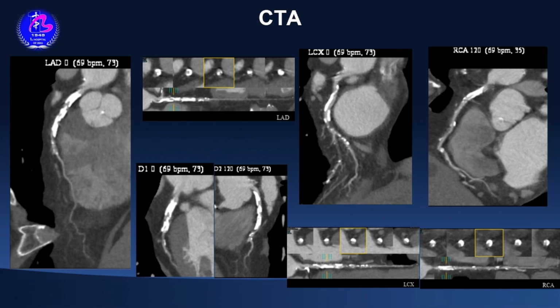Next, please, Professor Wang Dingyu will introduce this part. Here is the intelligent visualization of the coronary 3D reconstruction.